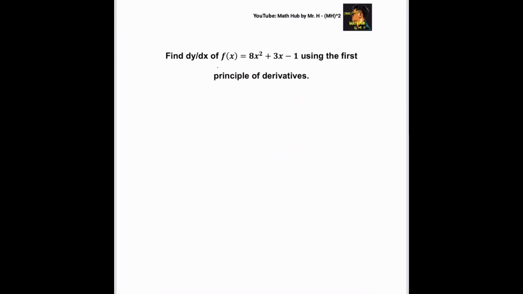Find the derivative of the function f, which is 8x squared plus 3x minus 1 using the first principle of derivatives. I am sure that all of you watching this video right now have ideas on how to find the derivative of this function using other rules.